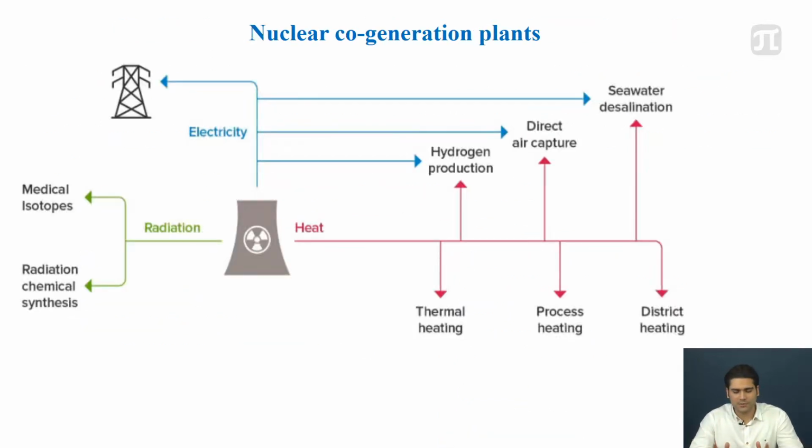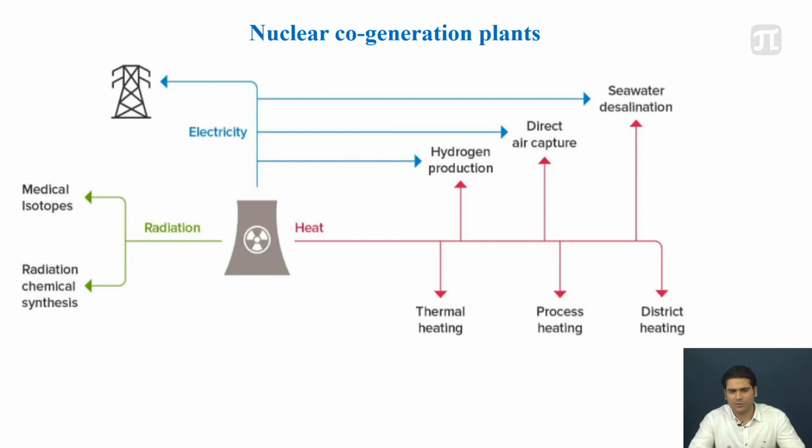In this scheme you can see the applications of a nuclear power plant. As you can see, we have three main lines. Radiation: we can use the radiation for different applications like medical isotopes, and other things that are beyond the scope of our lecture today. Then we have heat, from which we can produce thermal heating, process heating, district heating, and seawater desalination.